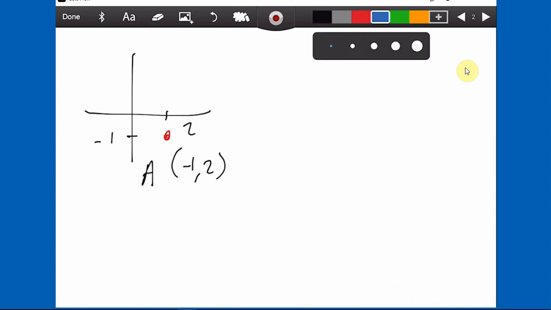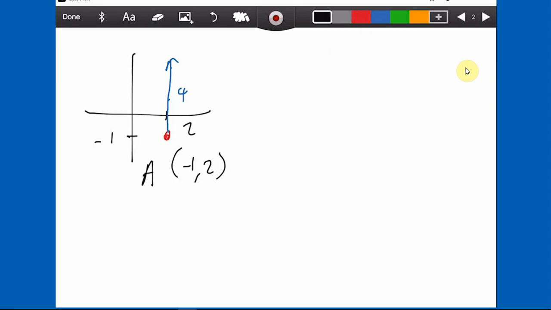And I'm going to move that point all the way up to here. I'm going to move it up 4. So if I move that up 4, it's gone from -1 and it's now up here at 3. So my image of A is 2 and 3.